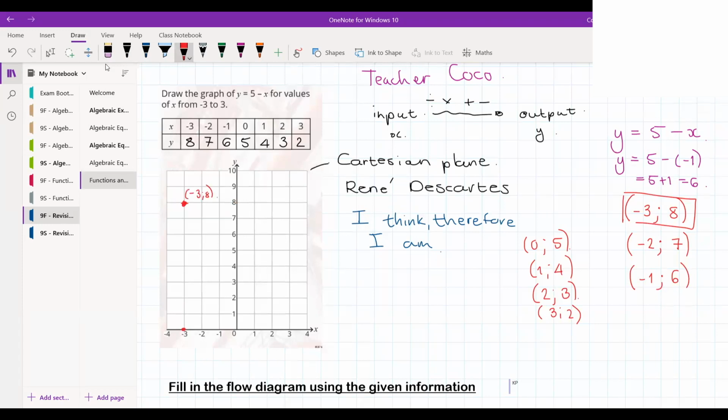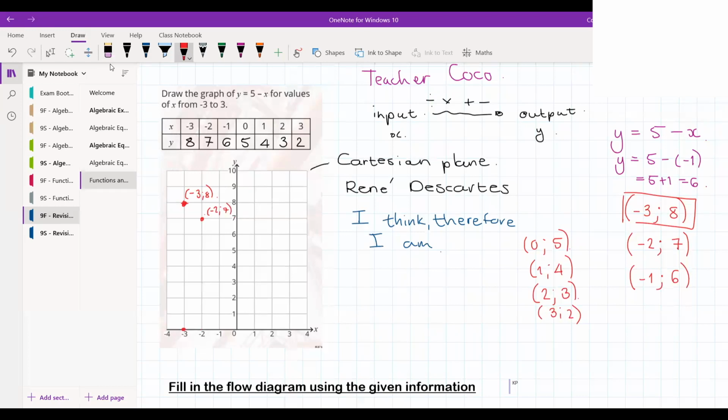Okay. Then I'm going to do the same with the other coordinates. I'm going to go to -2 and 7, and I'm going to see where they meet. Yeah, they meet there. And that is going to be the point, -2, 7. Okay.